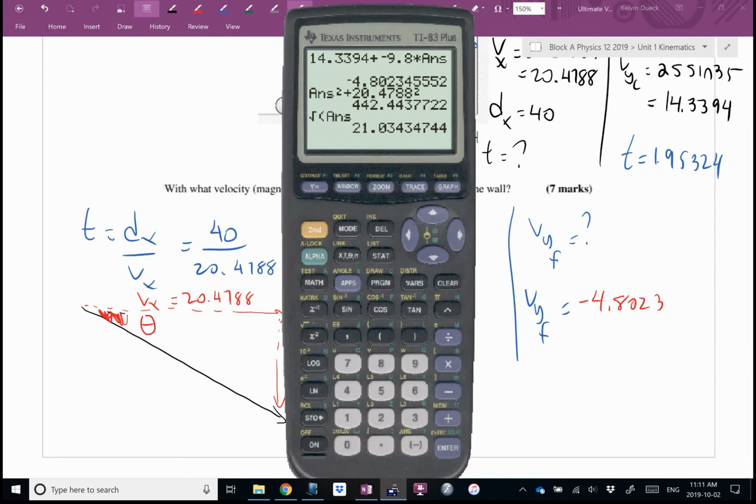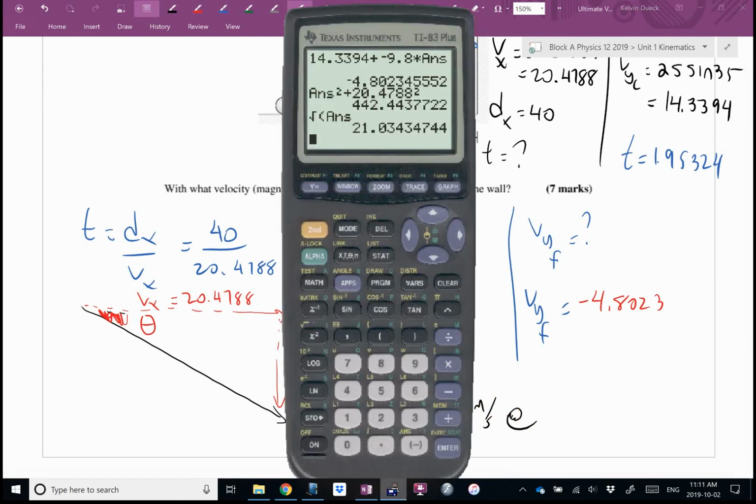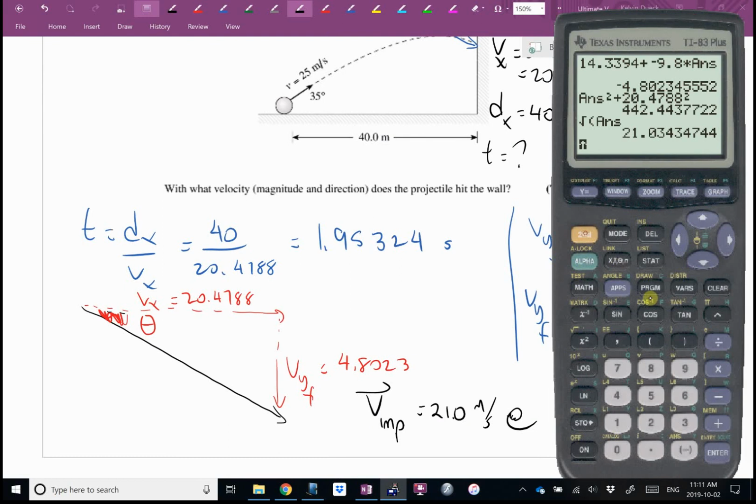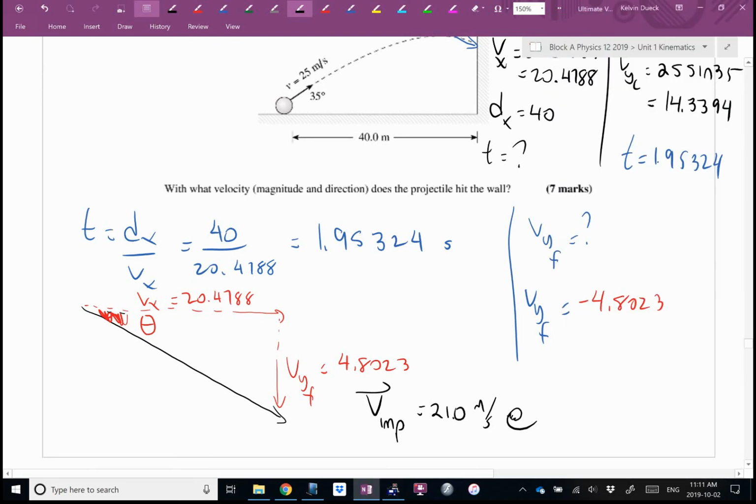How about 21.0 meters per second at, and I'm going to go shift tan without writing anything down because I'm running out of room because you folks are getting a little tired. 13.2 degrees below the horizontal. Can someone double check?